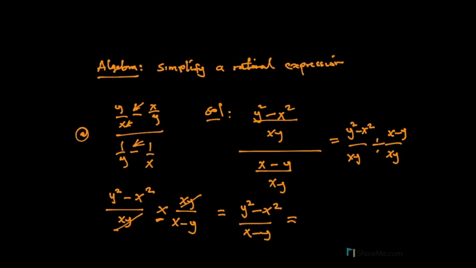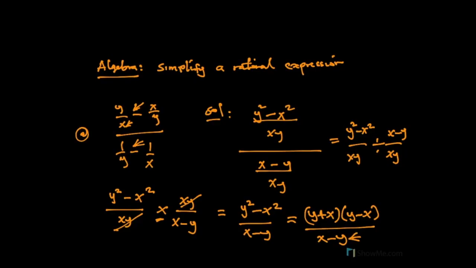So this is just the difference of two squares. So it will be y plus x times y minus x over x minus y. You can see here there's nothing the same from the top with the bottom one.